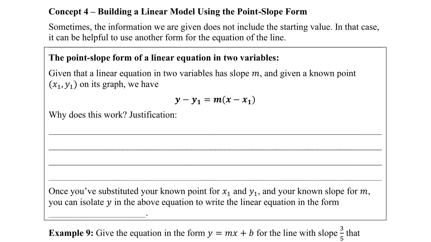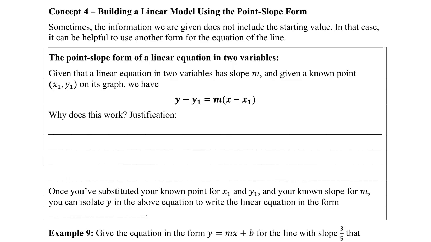In all of the models that we've built so far, we've known the intercept. That is, we've known the starting value of our dependent variable, the starting value of the output. Sometimes we come in after the start and we don't know the starting value of the output.